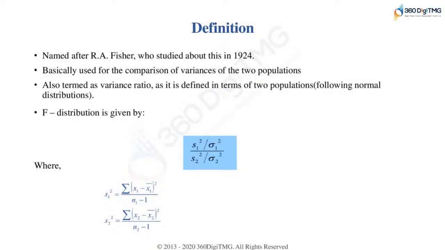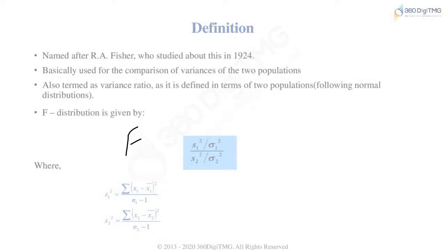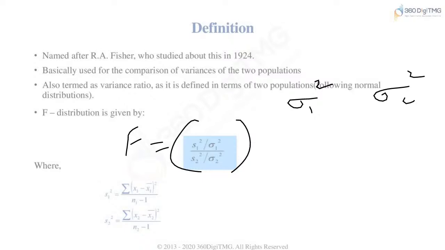So let us quickly understand. We first have to look at what is known as the F statistic. You have two things here: the variance of group 1 and the variance of group 2. We want to compare these variances.